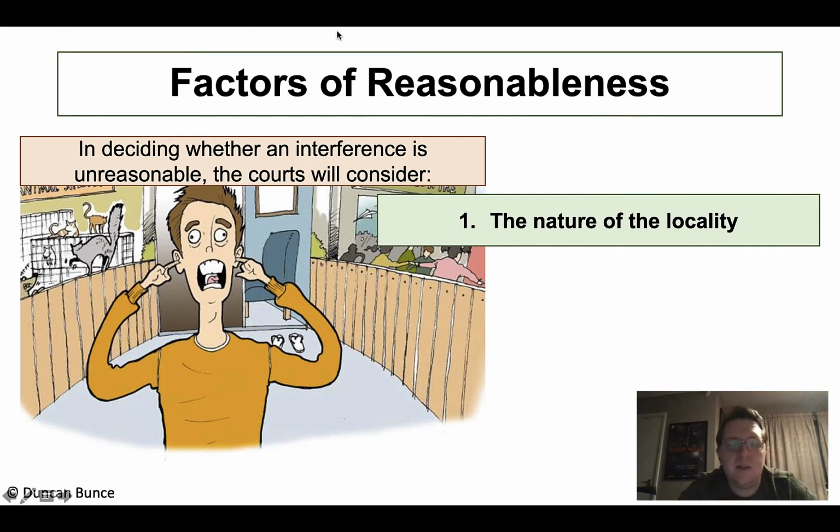Okay, so here we are. Let's see if any of the ones that you actually thought of have come up. So the first factor that the court will look at is the nature of the locality.